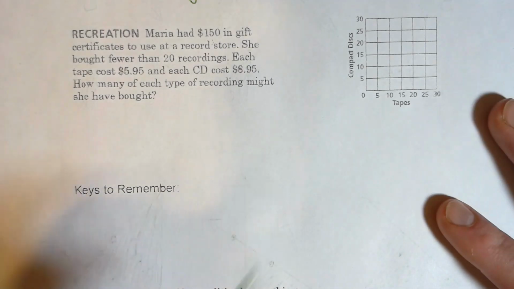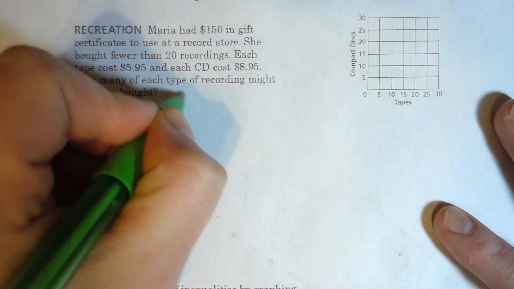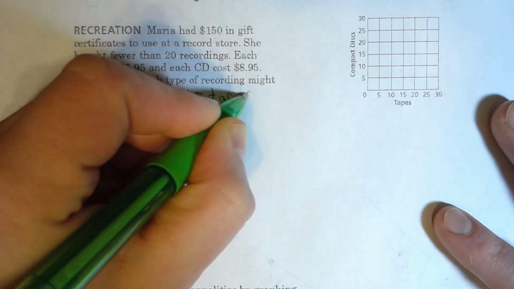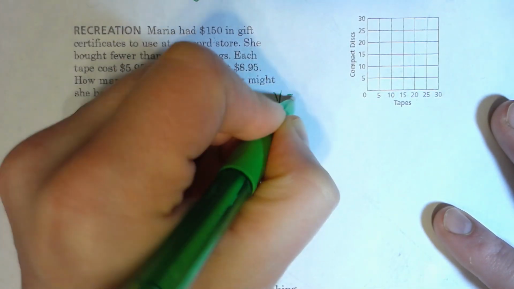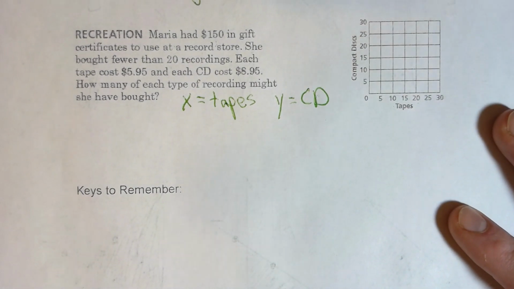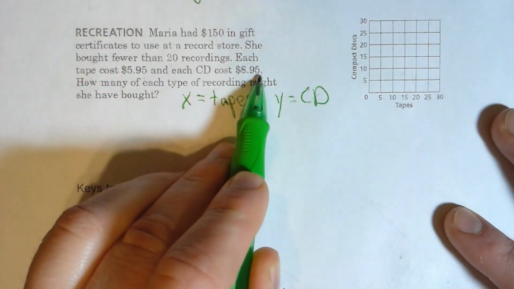Well, it looks like, and the graph is a dead giveaway, that our variables here are going to be tapes and CDs. So let's just call those X and Y. Now, there's definitely a money equation in here.